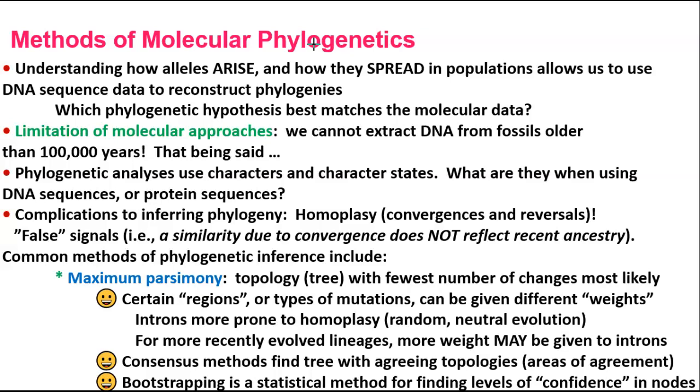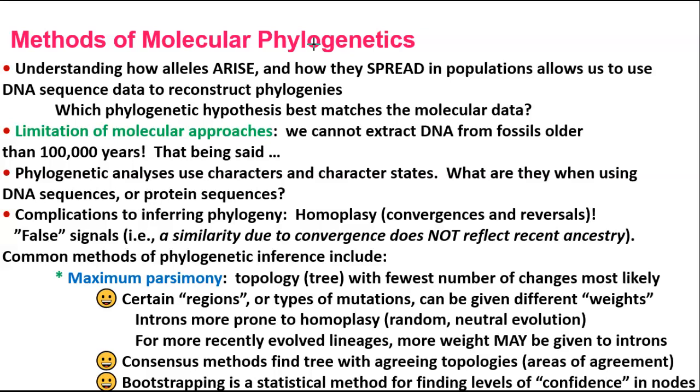So phylogenetic analyses use characters and character states. Remember that from chapter 4. But what are the characters and character states when we're using DNA sequences or protein sequences? Well, most typically, the characters in DNA sequences are the particular nucleotide positions in the DNA.